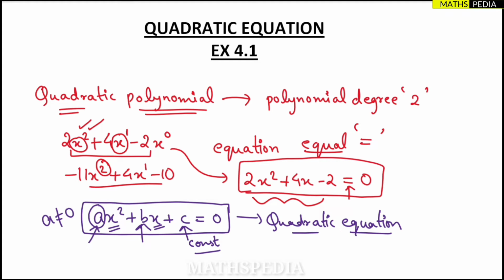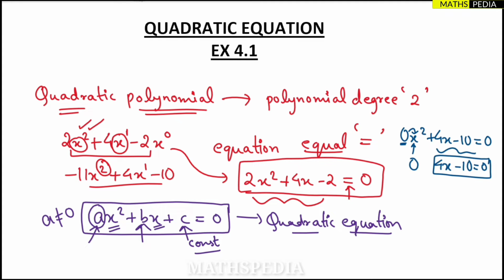Why? Because let me take one more example. Suppose 0x square plus 4x minus 10 equal to 0. Okay, so this is the one equation. Here you can observe that the x square coefficient is 0. So 0 multiplied with anything is what? 0. So it's basically 4x. What is the left out thing? 4x minus 10 equal to 0. So this is the equation.